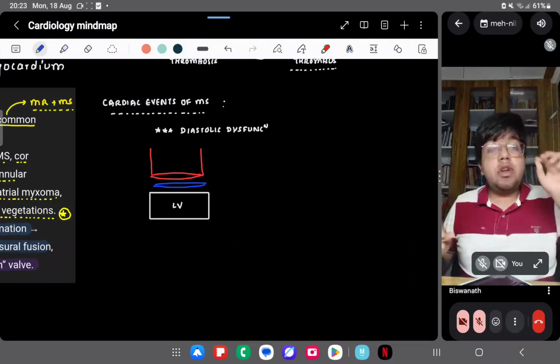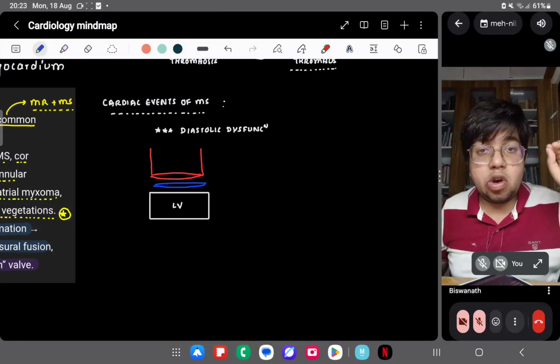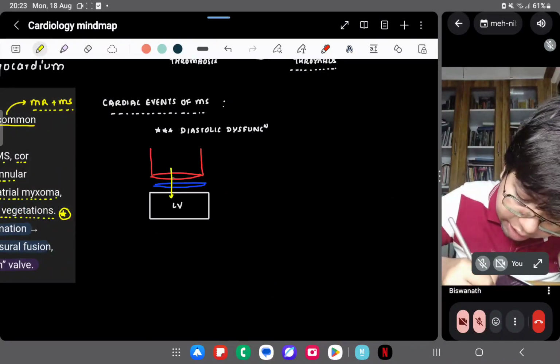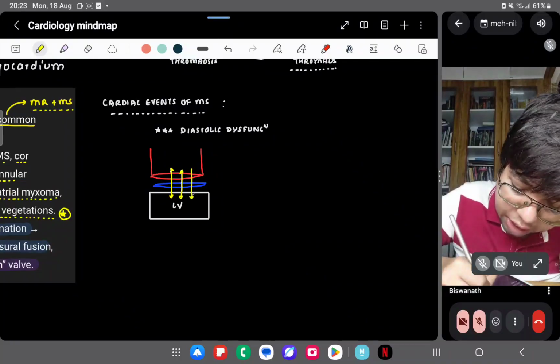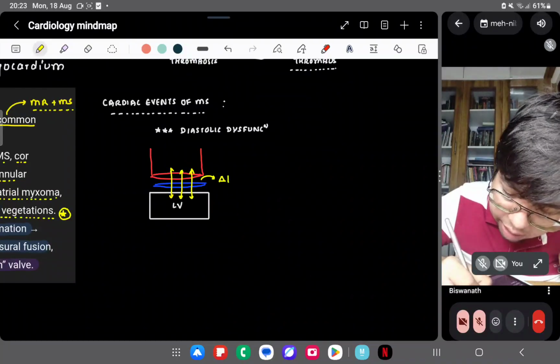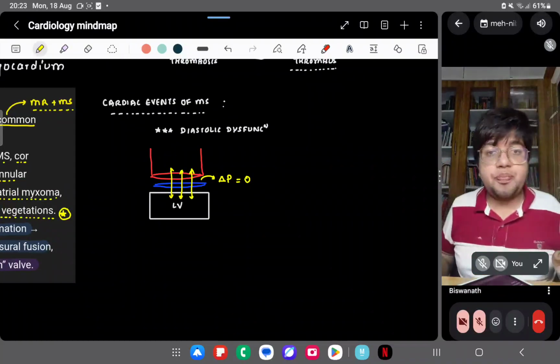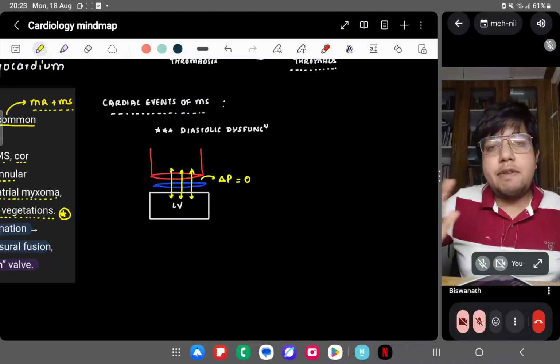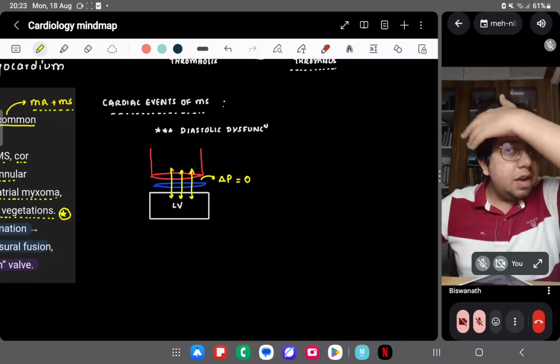The aortic valve was opening completely, so delta P will be basically 0. If there is no delta P, the valve is working fine, the heart is working very fine.